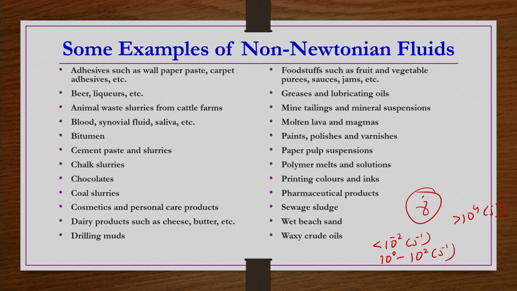So, one given single material may have a Newtonian behavior at a certain range of shear rate, one type of non-Newtonian behavior in another range, and in yet another range an entirely different type of non-Newtonian behavior. It is quite possible. So, what we understand is that rheologically non-Newtonian fluids are very complex.